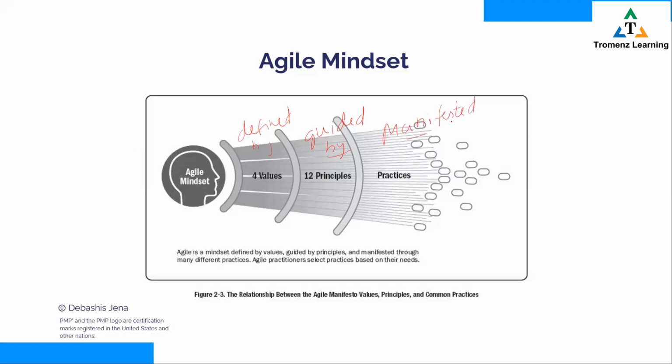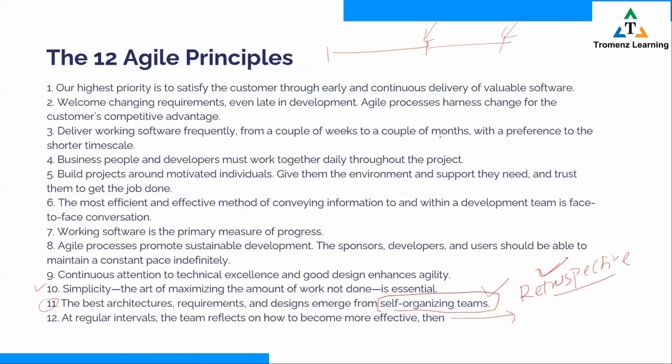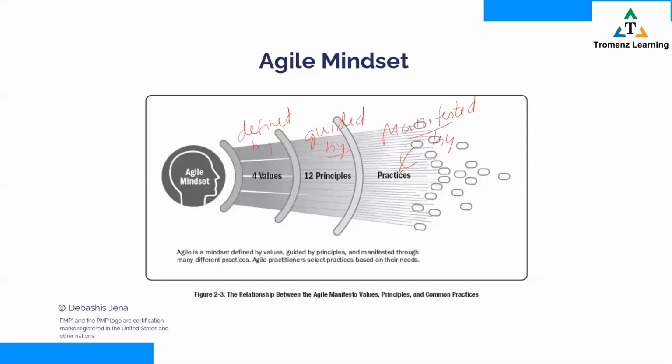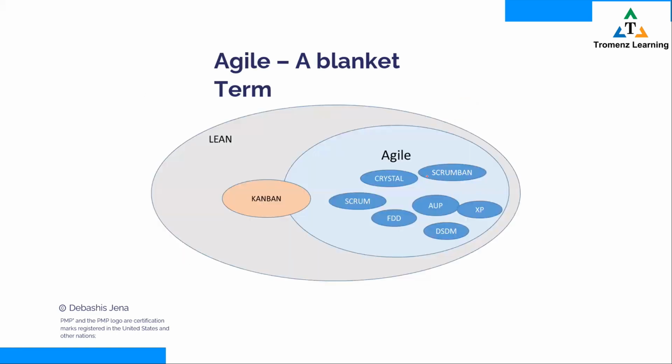Let me explain this way. Manifested by several practices: a lot of people from different parts of the globe took these values in the manifesto and the principles and implemented them in their own environment, and thus several practices emerged in Agile. Use the term practices, or call them methods or frameworks, all the same; these terms are used interchangeably. So multiple methods, practices, and frameworks in Agile evolved.